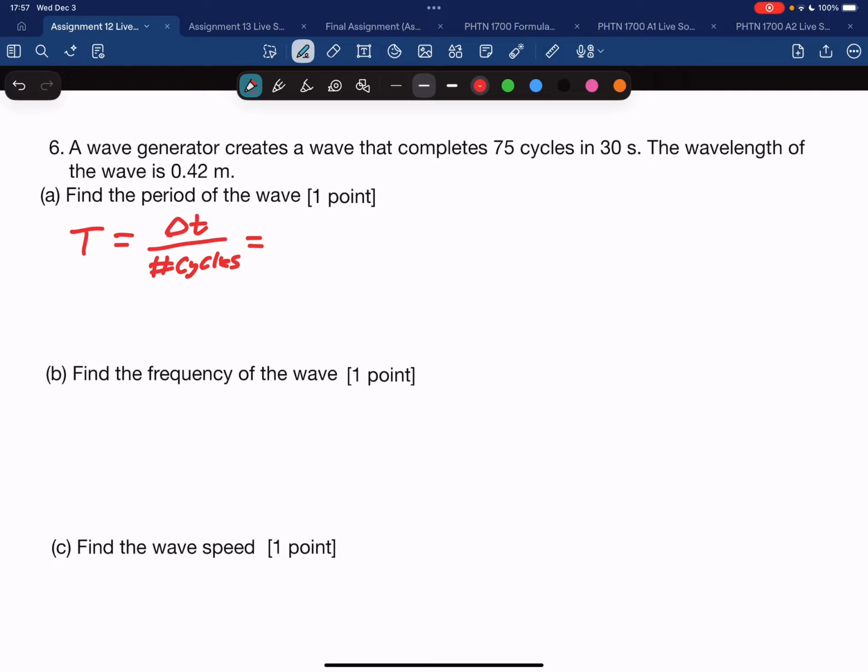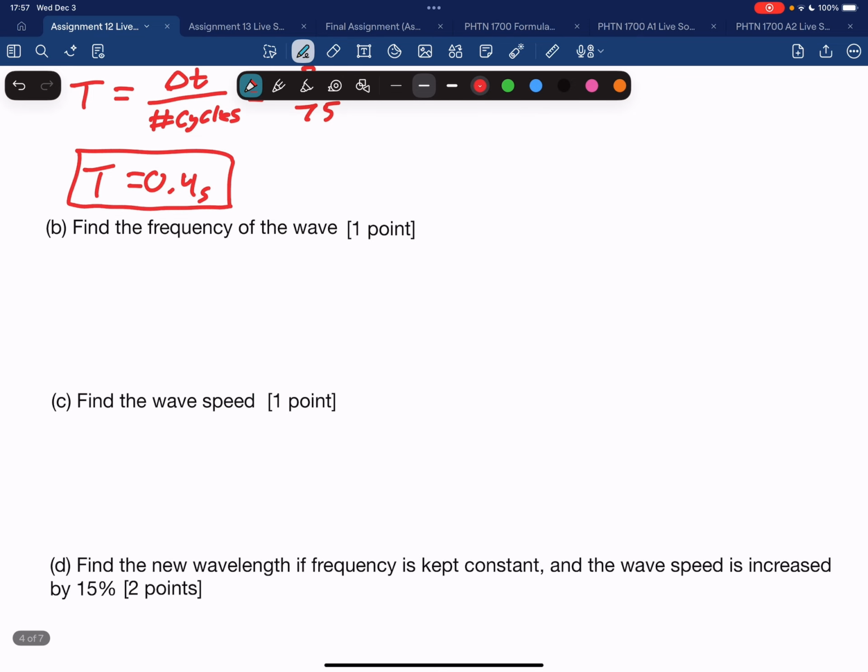This is 30 over 75, which gives me a period of 0.4 seconds. Find the frequency of the wave. I'm going to use the frequency is equal to 1 over the period, which is 1 over 0.4, which gives me a frequency of 2.5 hertz.